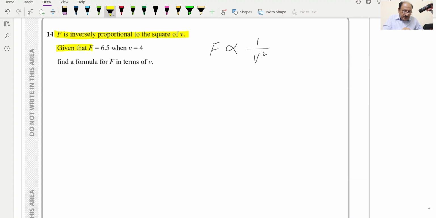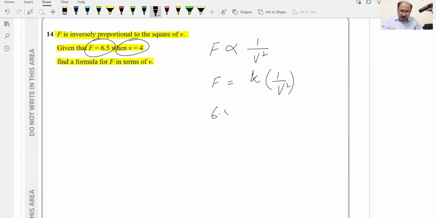given that f is equal to 6.5 and v is equal to 4, so we can write an equality sign with the addition of a constant k into 1 over v squared, and now we can utilize these two values to find the value of k. They are saying find a formula for f in terms of v, so we will replace these two values.